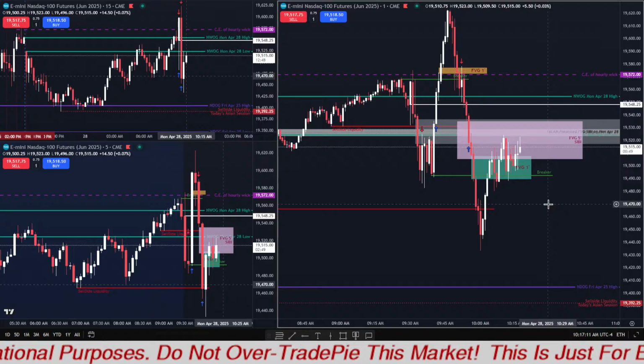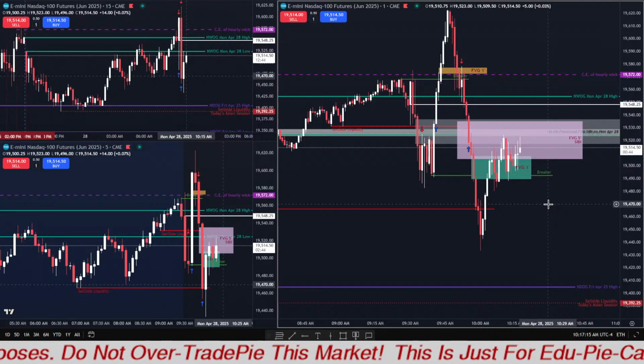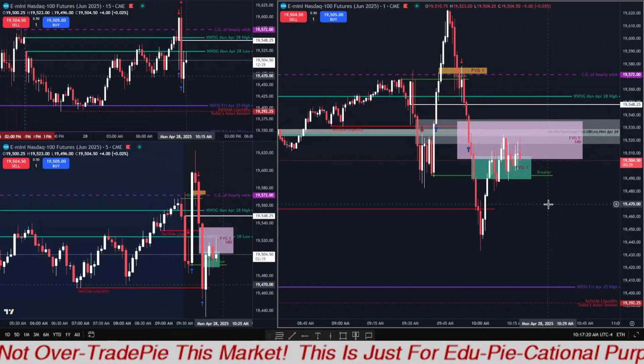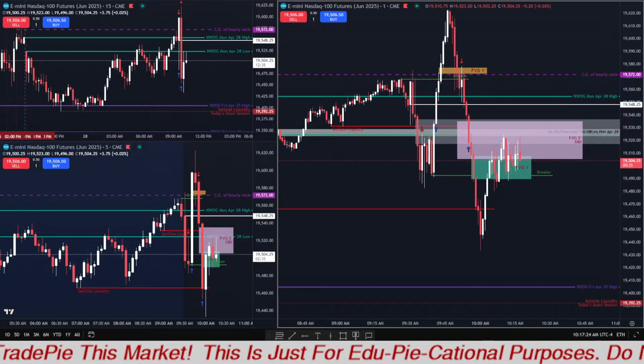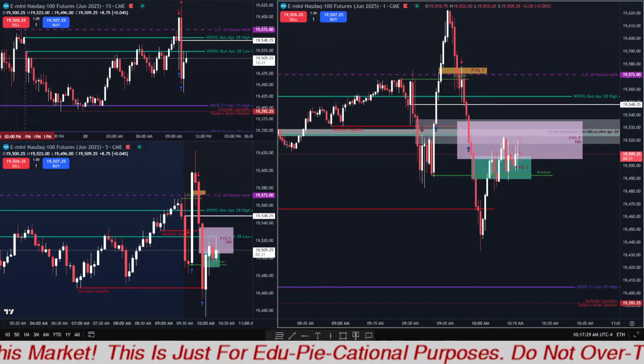Well, we got movement into the first presented fair value gap of the day, and let's see what we have over here in the ES chart.